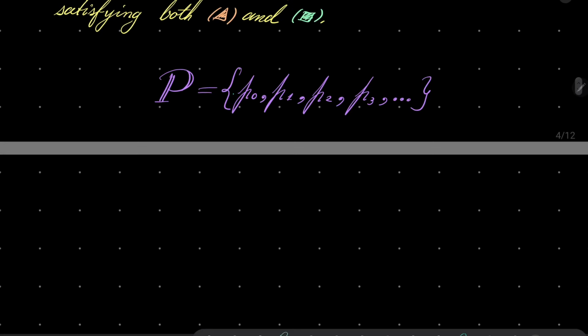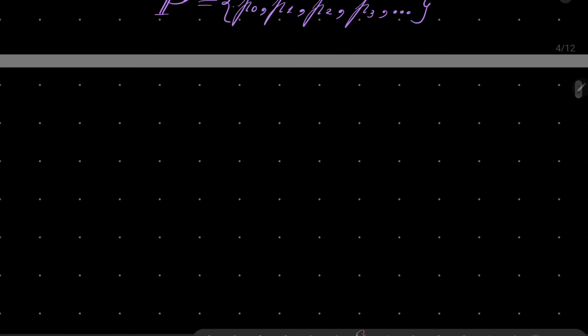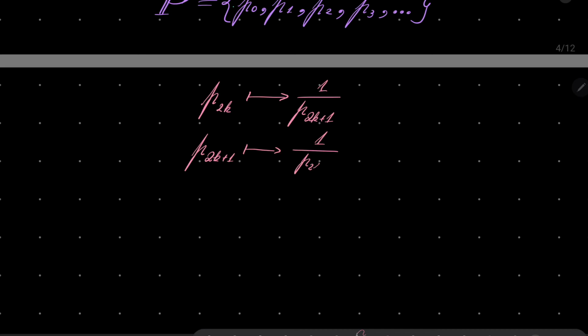And I will consider first the following mapping. I will map primes with even indices to the inverse of the next prime, and I will map primes with odd indices to the preceding prime, the prime with even index.